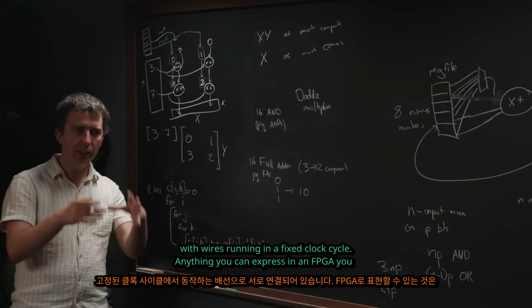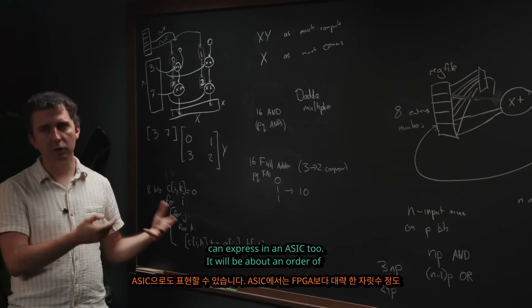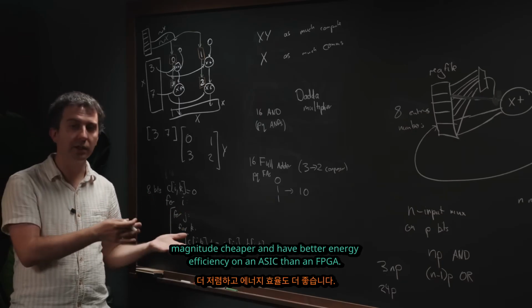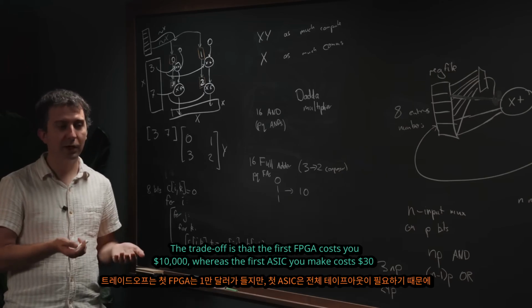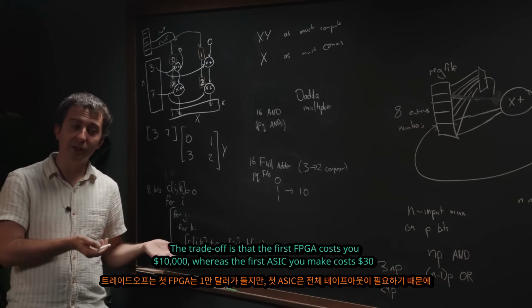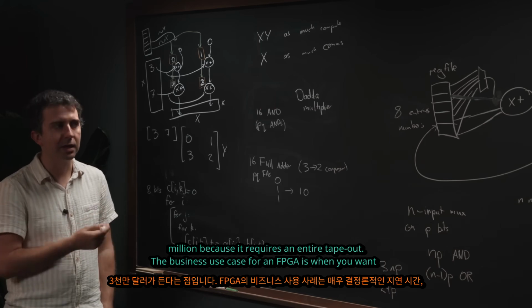So anything you can express in an FPGA, you can express in an ASIC too, and it'll be about an order of magnitude cheaper and have better energy efficiency on an ASIC than an FPGA. The trade-off is that the first FPGA costs you $10,000, whereas the first ASIC you make costs you $30 million, because it requires an entire tape-out.